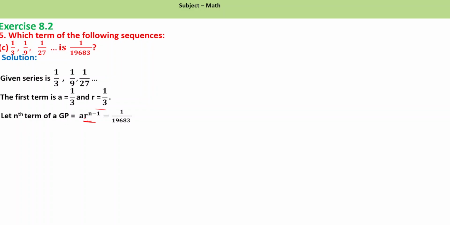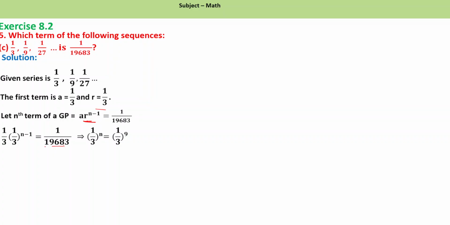Let us substitute a as 1 by 3 and r as 1 by 3. We know that the nth term is 1 divided by 19,683. Therefore, 1 by 3 into 1 by 3 whole power n minus 1 is equals to 1 divided by 19,683. Here, 19,683 can be written as 3 power 9.